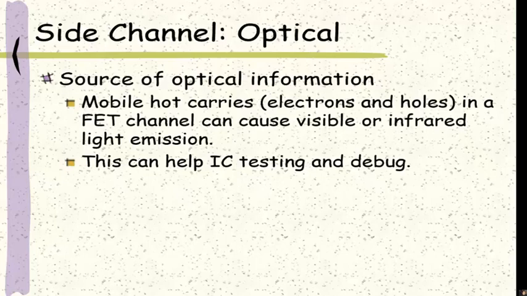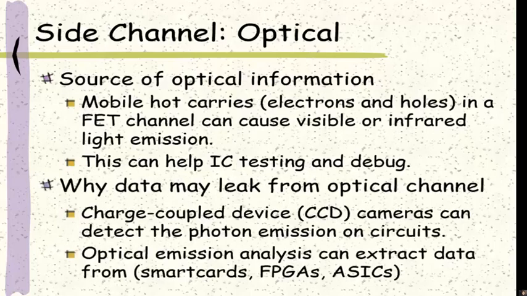If this information about the circuit can be used for testing and debugging, it is also possible for an attacker to use the same information to extract information about the system. This type of attack can be used to detect the data from all kinds of hardware devices, from microcontrollers and smart cards to FPGAs and ASICs.